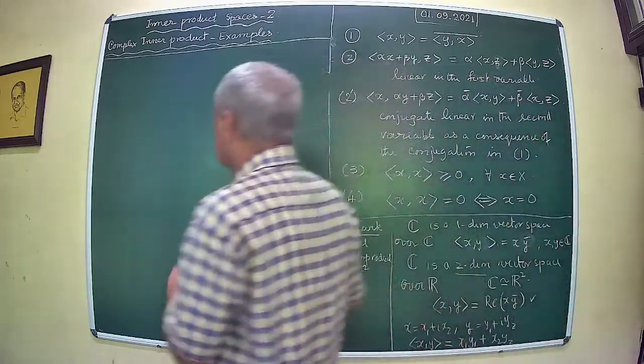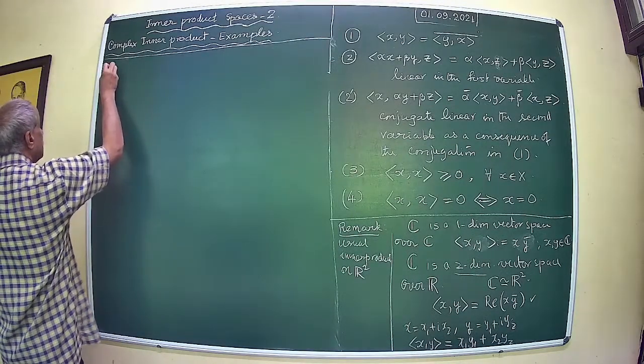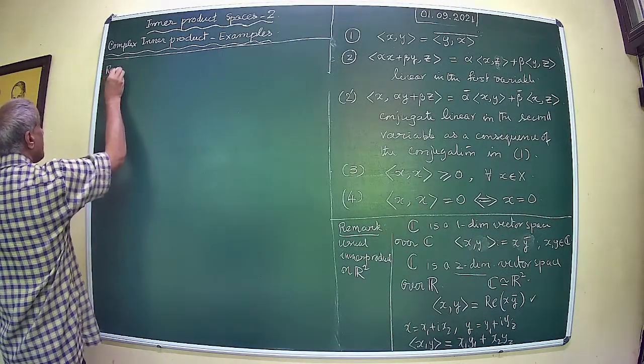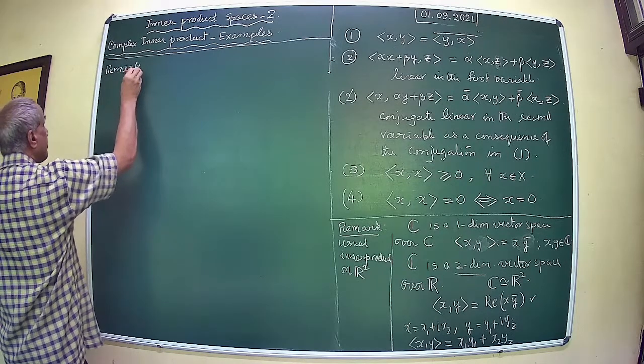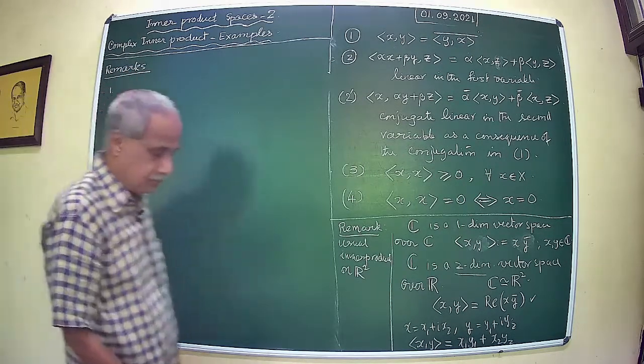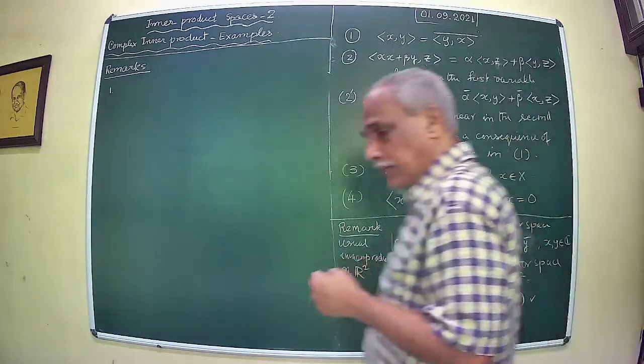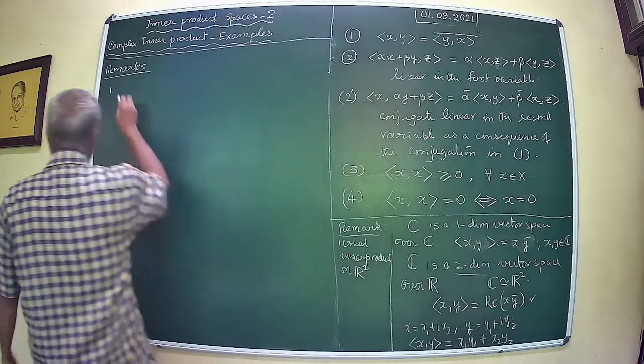Okay. First remark, a real inner product space is called a Euclidean space.